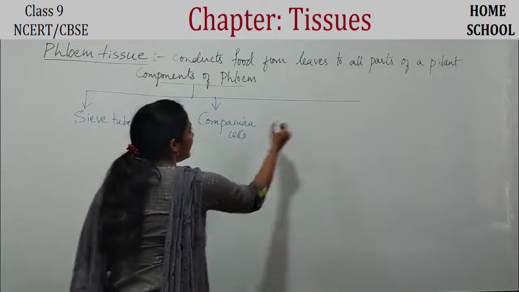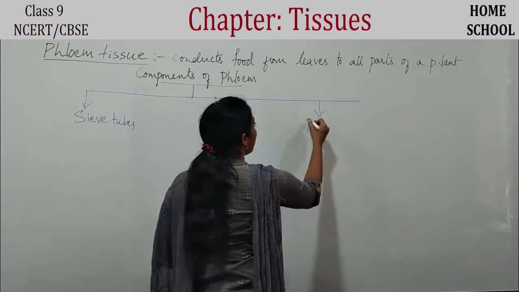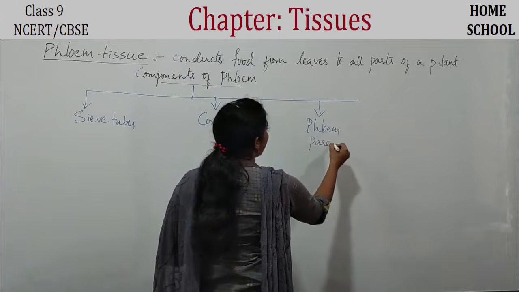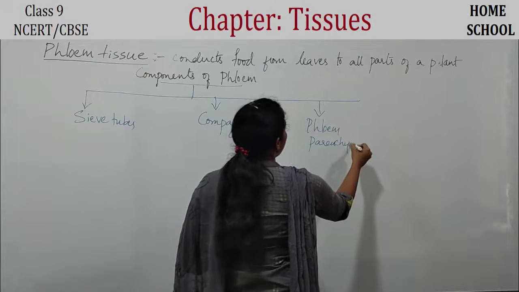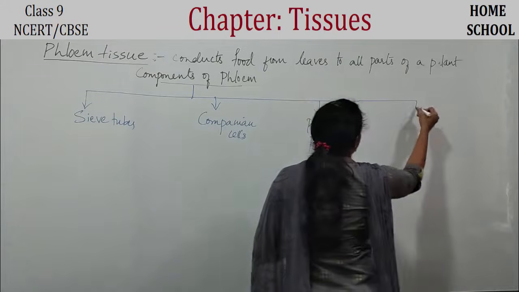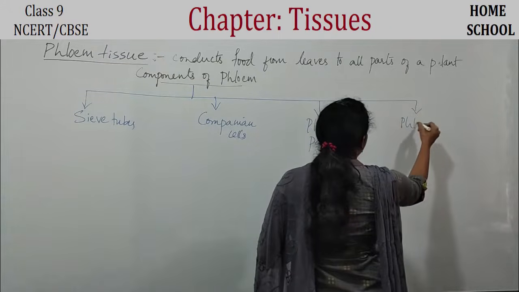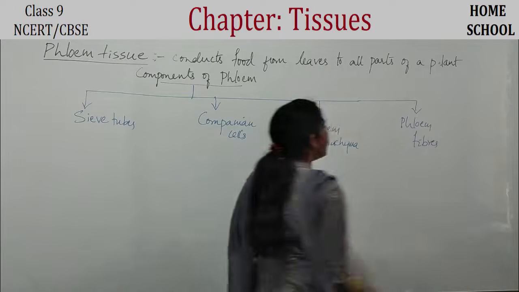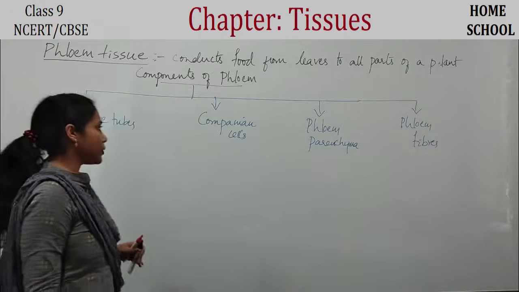The third component is phloem parenchyma. And the last one is phloem fibers. So these are the 4 components of phloem tissue.